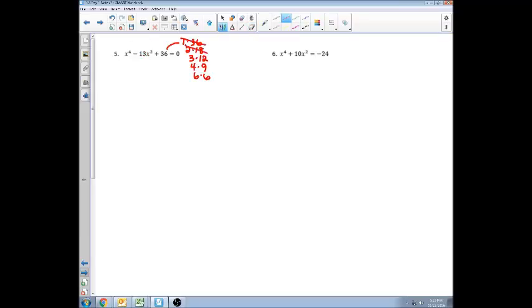2 and 18 will not. 3 and 12 would not. 4 and 9 could. Negative 4, negative 9 could get me to negative 13. So let's go with that guy. Let's use 4 and 9. Okay? Since I have an x to the 4th, it's the same thing as when I have an x squared. I'm going to make 2 sets of parentheses.